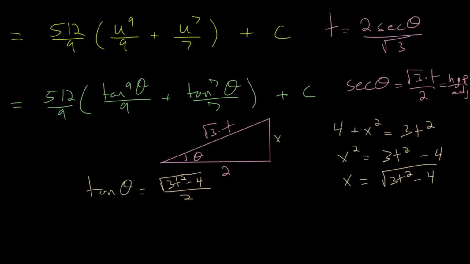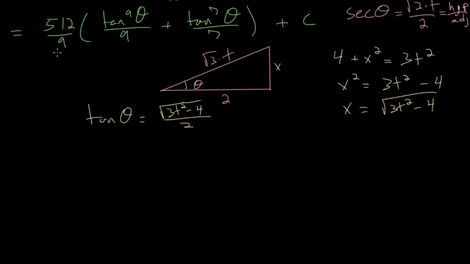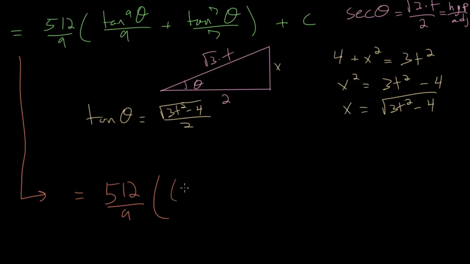We can plug this in and rewrite what our integral is actually equal to. Let's do that down here. This is 512 divided by 9. We have the tangent of theta to the 9th power. So we have this expression raised to the 9th. It will get a little bit messy, but we have the square root of 3t squared minus 4 all over 2 raised to the 9th, and then all of this is divided by 9.